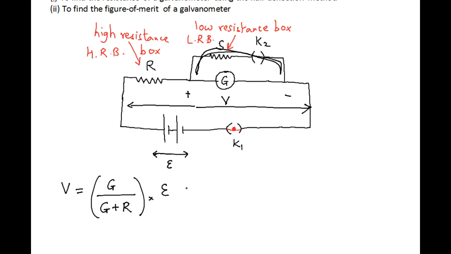So I must multiply by E, and that is my first equation.